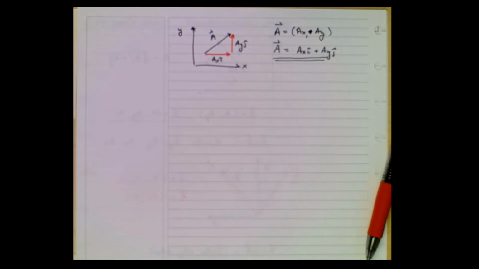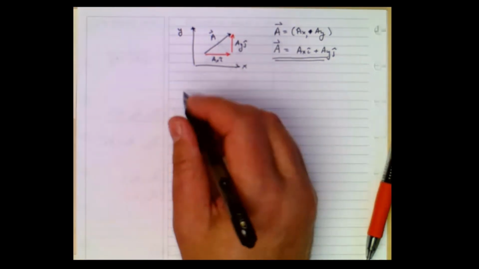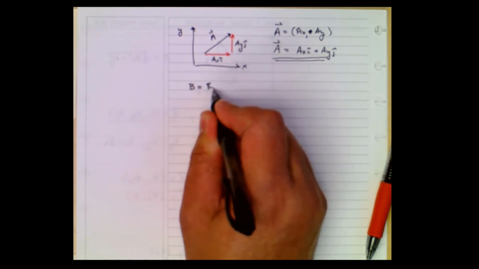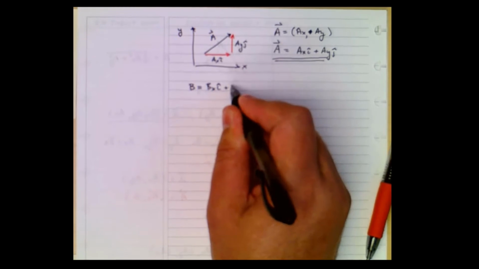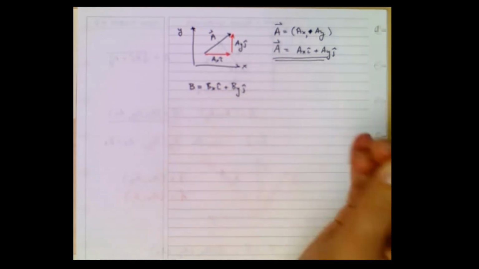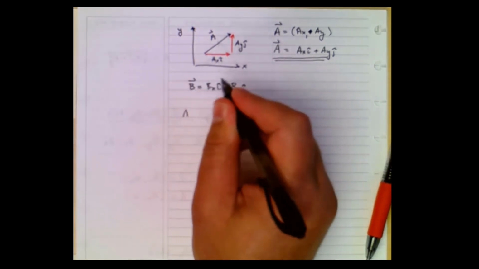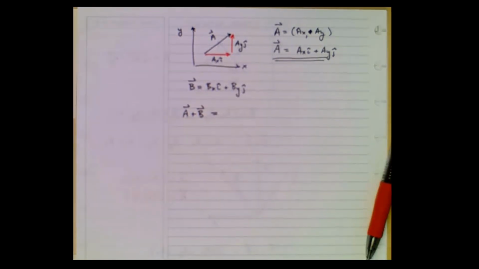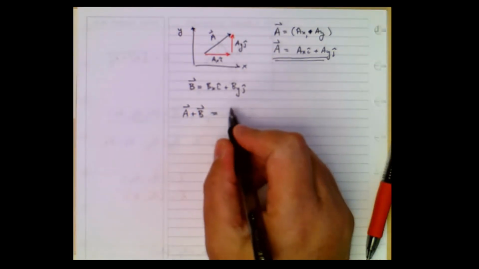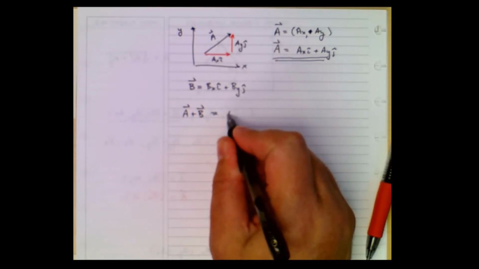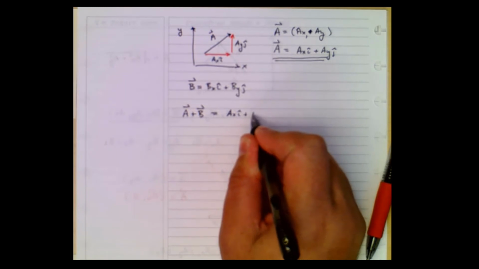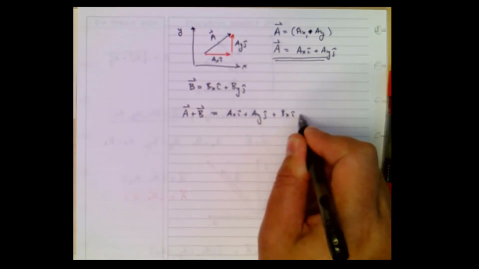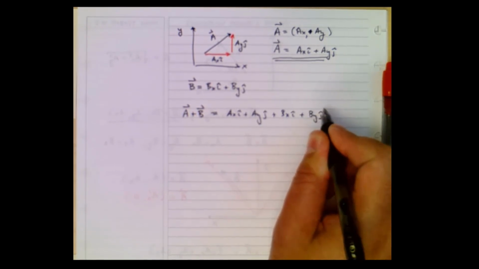When we add two vectors, let's imagine that we bring in another vector B equal to bx I hat plus by j hat. Then when I want to take vector A plus vector B, just as before, let's just write all of this out. This will be ax I hat plus ay j hat plus bx I hat plus by j hat.